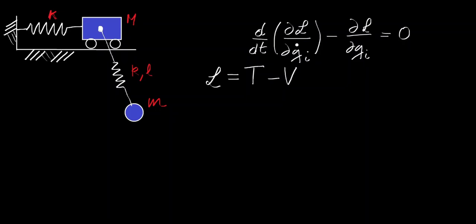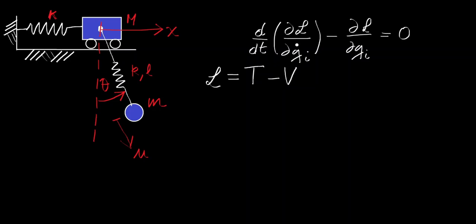Well, in our case, we will use the following coordinates. First, we will use x as the horizontal displacement of the first object. We will also use the angle theta, which is formed by the direction of the second spring with respect to the vertical line, and u will denote the extension of the spring measured from its natural length.